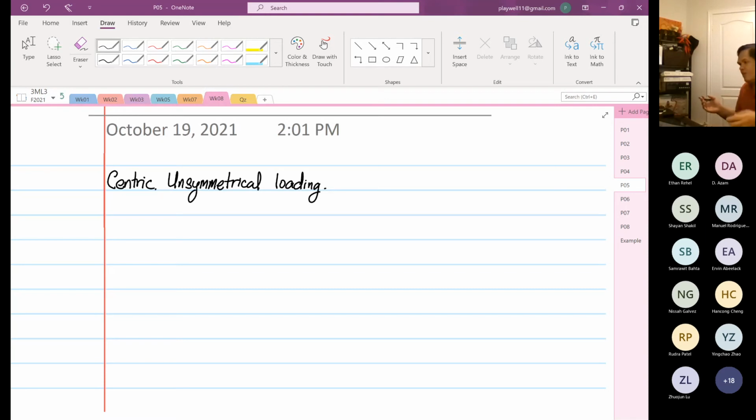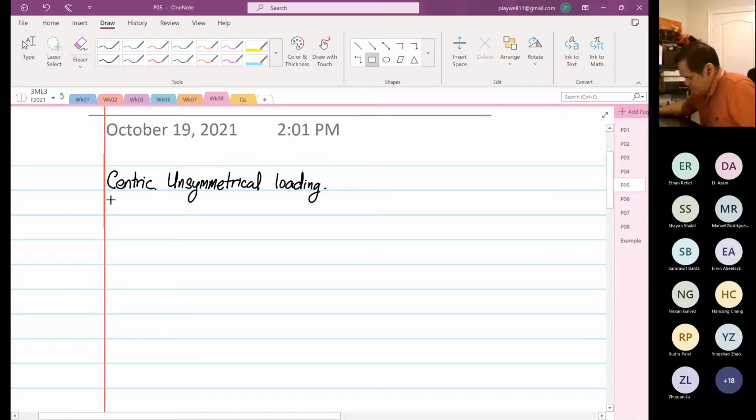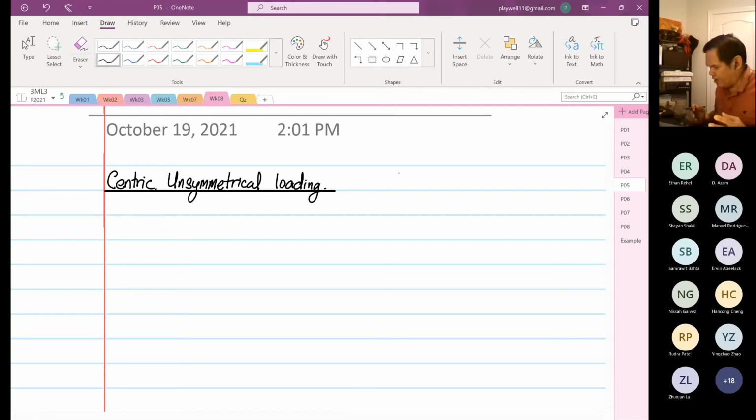Still the same: head of the bending moment arrow is compression, tail end of the bending moment is tensile. I'm going to show you a condition where we have eccentric unsymmetrical loading. I'm going to draw it now.